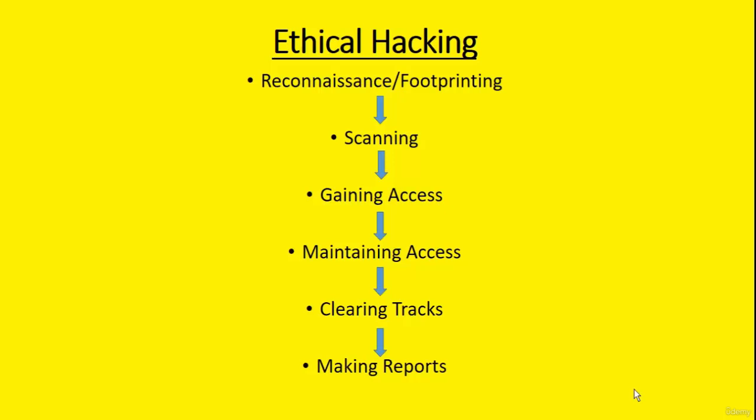Now, ethical hacking has 6 different phases. The first phase of ethical hacking is reconnaissance or footprinting. Footprinting means collection of information. So the first step of ethical hacking is to collect as much information as possible about the target. Collection of information is divided into two parts.